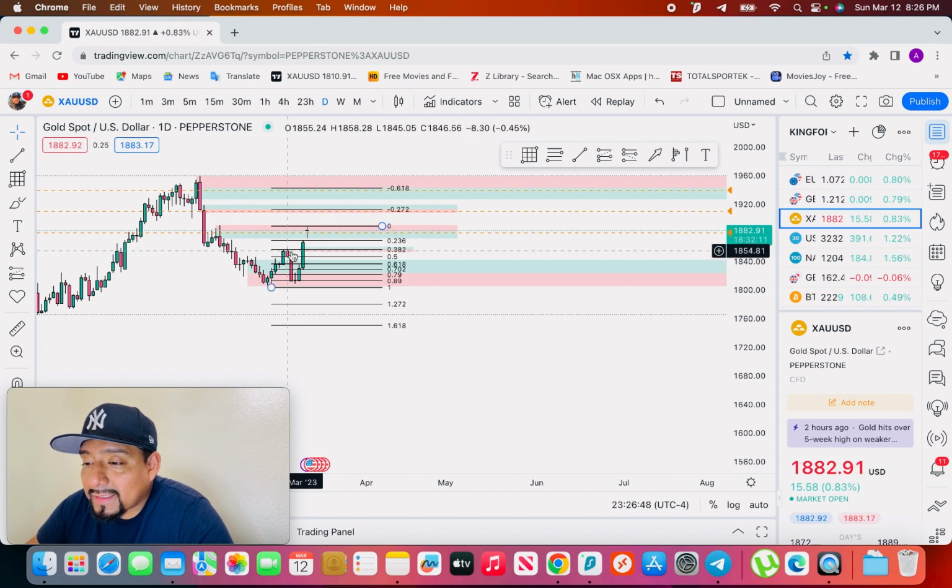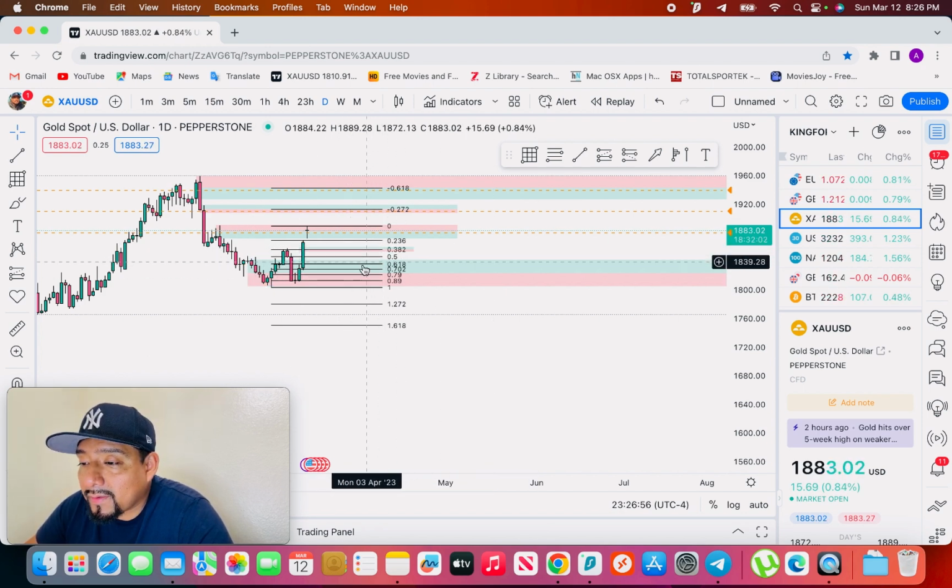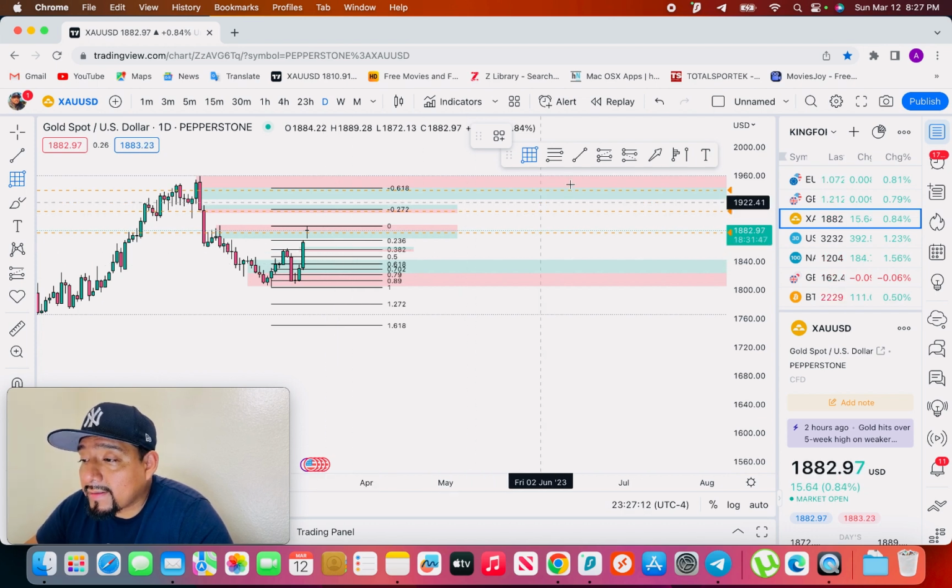Because it's been supported here, it broke out of here, right? So to me, that's a very important price right there. Also the 61. So I could go ahead and put an alert here. Great continuation points. These are great continuation points towards the upside.